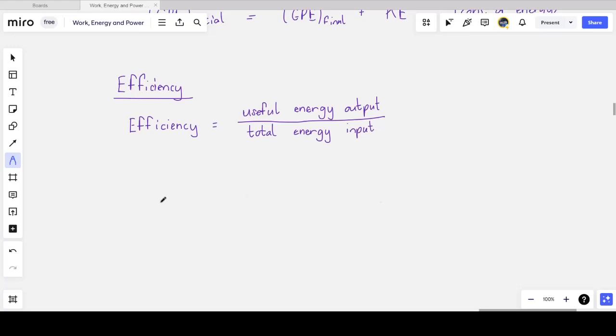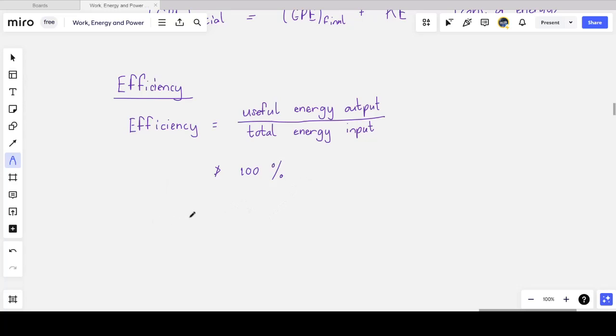And so we don't use all of our resources to completion. But the efficiency can never be more than 100%. So unfortunately, if you were trying to build a perpetual motion machine or limitless source of energy, you can stop now. This is not going to get you anywhere. You can't have more energy out than you put in. That's because you would be creating energy from nothing, which we said is already impossible.